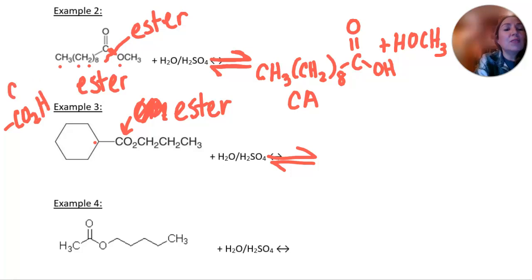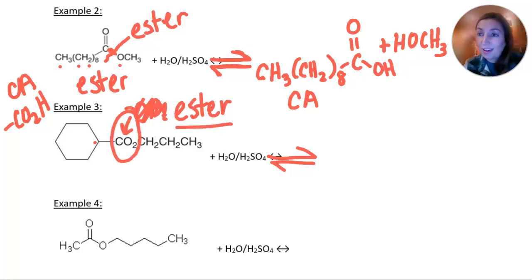CO2H is shorthand for a carboxylic acid, and CO2 in the middle of the carbon chain, surrounded on either side, is shorthand for an ester. We want to be able to recognize those different forms and look for them in the same way. It would be helpful to write that out since the shorthand can be confusing, and it even got me for a second.